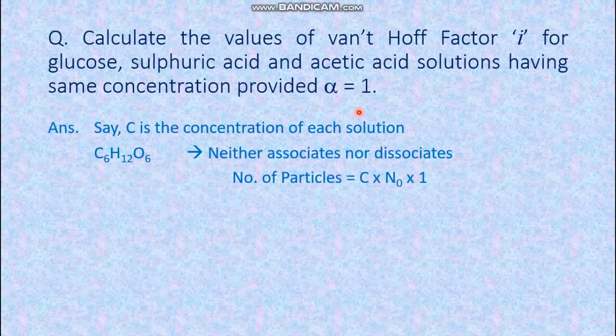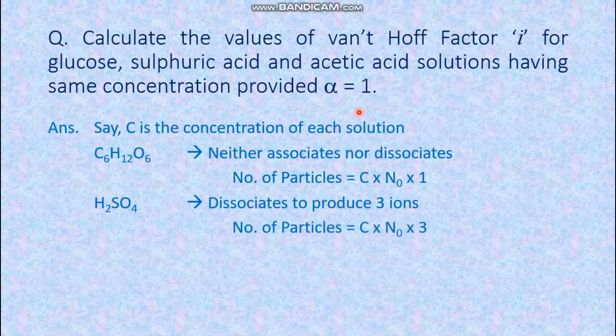But in case of sulfuric acid, dissociation takes place to produce 3 ions, that means 3 times more particles. So here the number of particles is concentration into Avogadro number N0 into 3.